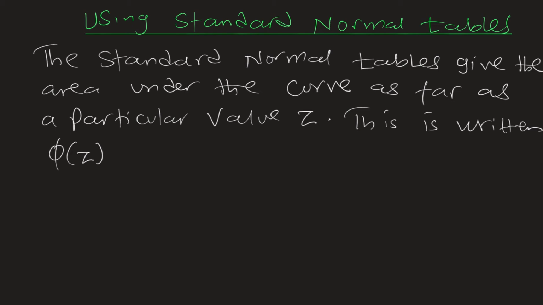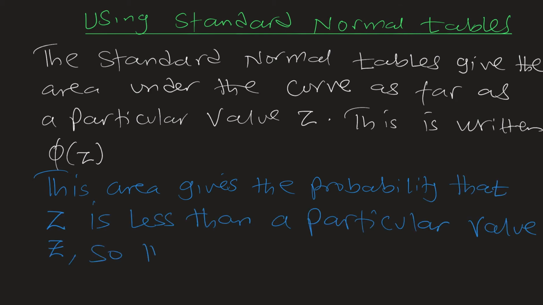So the probability that z is less than some value z, this probability is what we are calling phi of z.